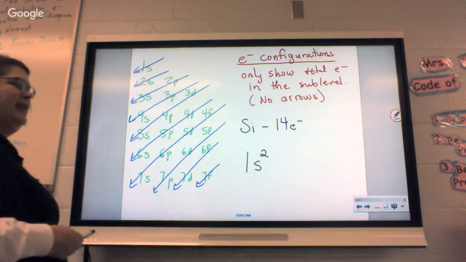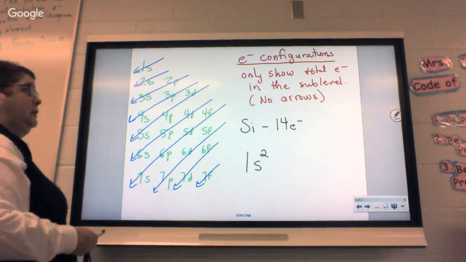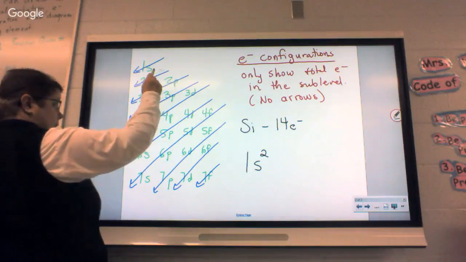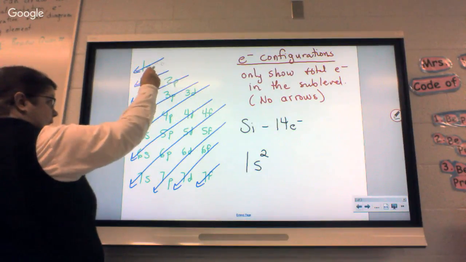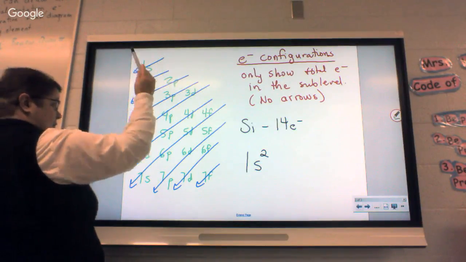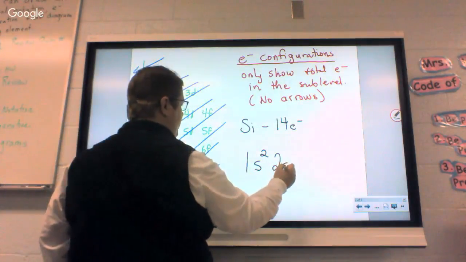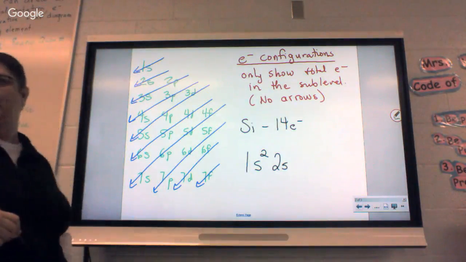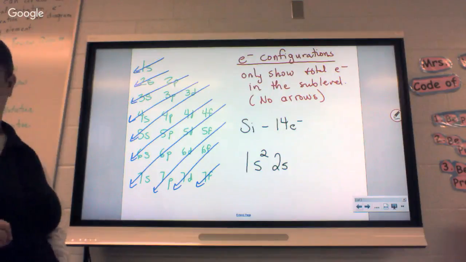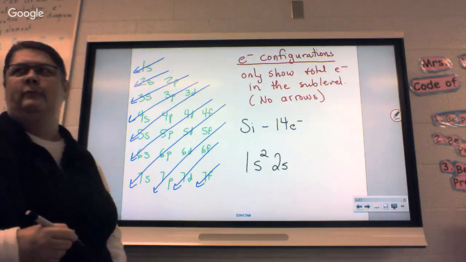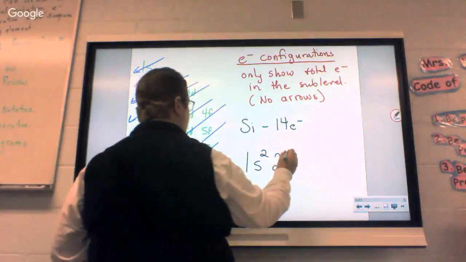Okay. What's next in our chart? Everybody see what's next? 1s, and then what comes next? 2s. We write 2s. How many electrons can go in an s sublevel? 2 electrons.